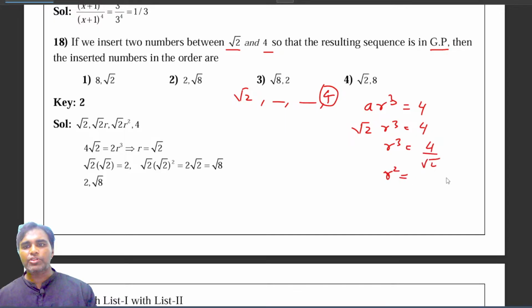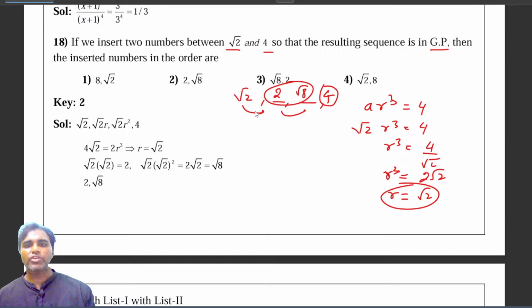Let's multiply with root 2. So we'll get 2 root 2 as R cube. So R value is root 2. So multiply this with root 2, you will get 2. And this multiplied with root 2 gives 2 root 2, that is root 8. So we have the two numbers as root 2 and root 8. That is option second. Clear?